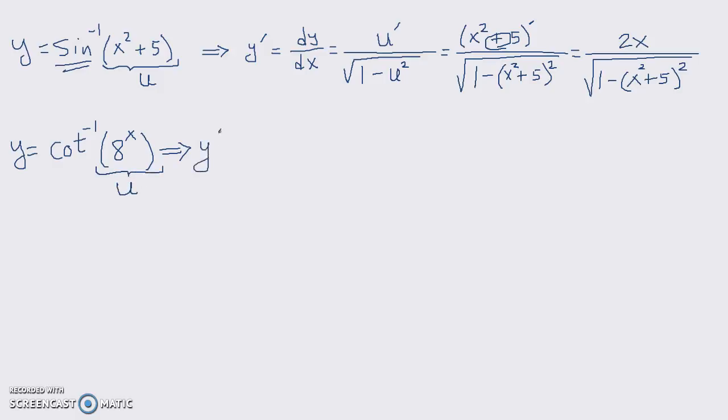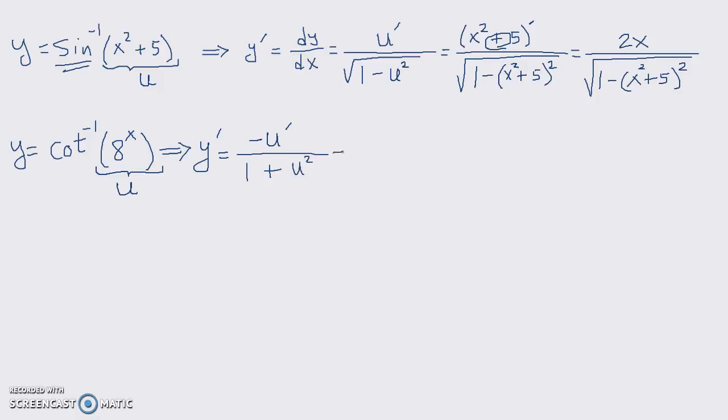So y prime or dy over dx, by formula, we know that the numerator of all of them is u prime. This is cotangent inverse, so the numerator also has a negative. And then in the denominator, we have 1 plus u squared, similar to tangent inverse of u.